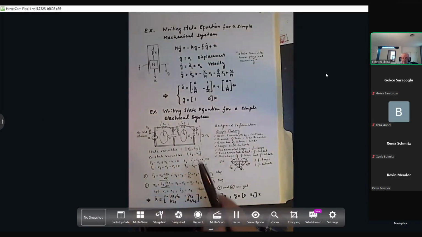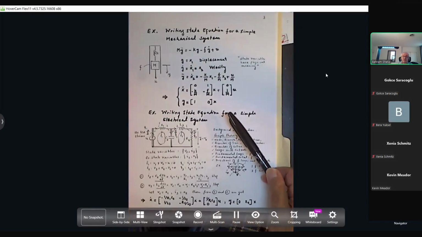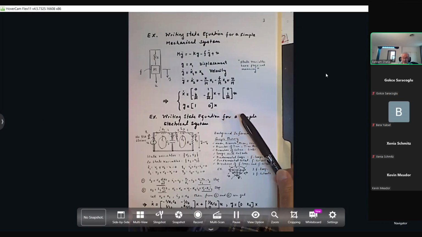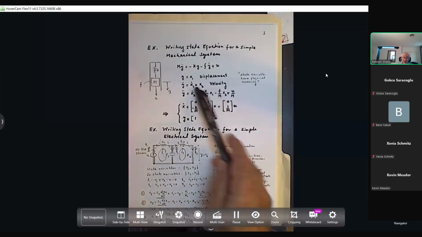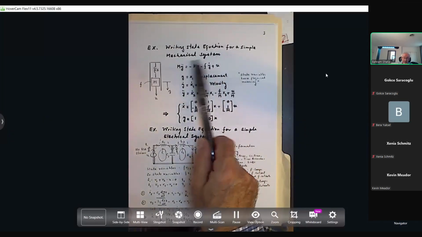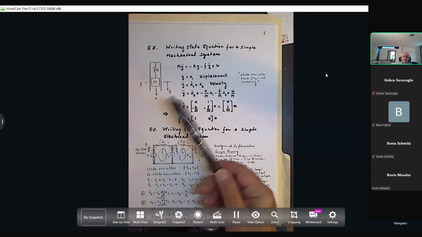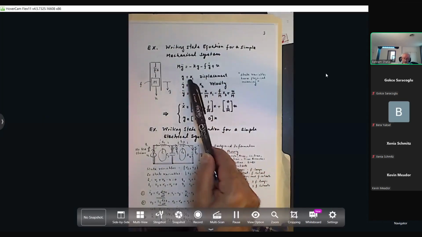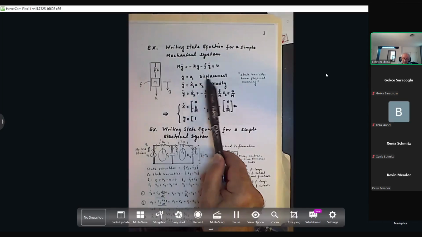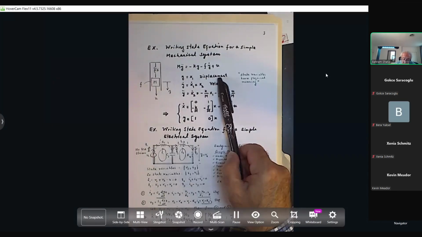So here, as you can see, I put one mechanical system to have some sort of a physical intuition. I wrote here a state equation for the simple mechanical system, and here you have some feeling for how those state variables are defined. For this system, the displacement y equal x1 is considered as one of the state variables.